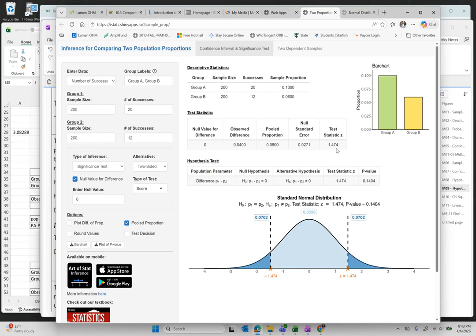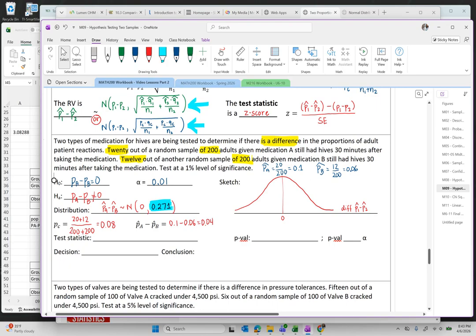You find this by taking your observed difference, subtracting the mean difference, and dividing it by the standard error. The answer was 1.474. So z equals 1.474.